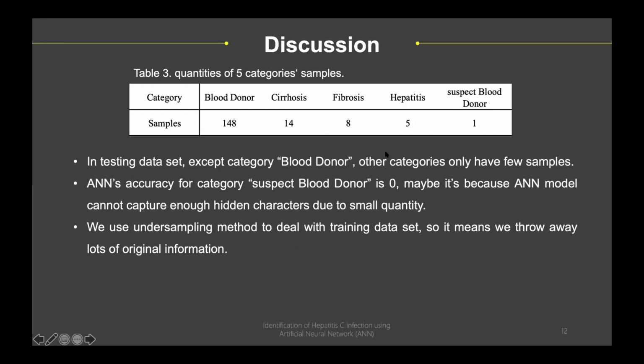Maybe it's because the ANN model cannot capture enough hidden characteristics due to its small quantity. Another reason may be that cases in suspect blood donor are normal or have suffered from other diseases but need further checking.